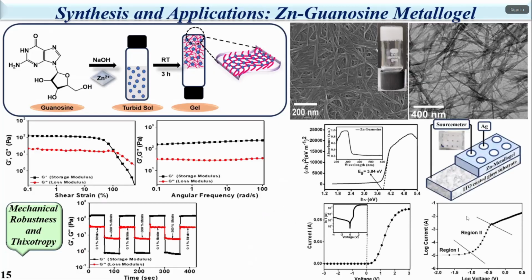Further, we also tested this metallogel for Schottky barrier diode fabrication. So we fabricated it on an ITO-coated glass substrate. Then we put our metallogel on this, and then fabricated electrodes on that and created a Schottky barrier diode.